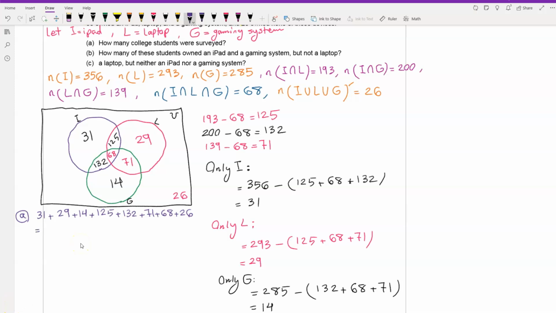And this is equal to 496. So that's the answer for the total number of elements in the universal set, so all the numbers that we have in this rectangle. So the answer here is 496.